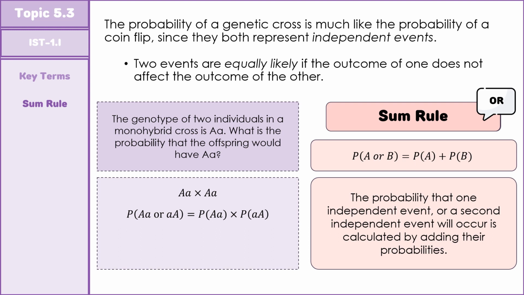So we could have the dominant first from one parent and the recessive from the other, or vice versa. So that's where our two probabilities are coming in. So this would also give us a 1/4 probability that we would get each of these individual outcomes. So adding them together gives us a probability of 1/2, which is the same thing that we saw in our monohybrid cross.